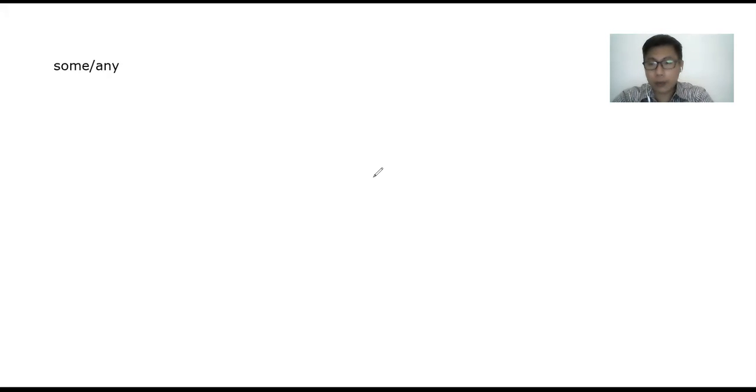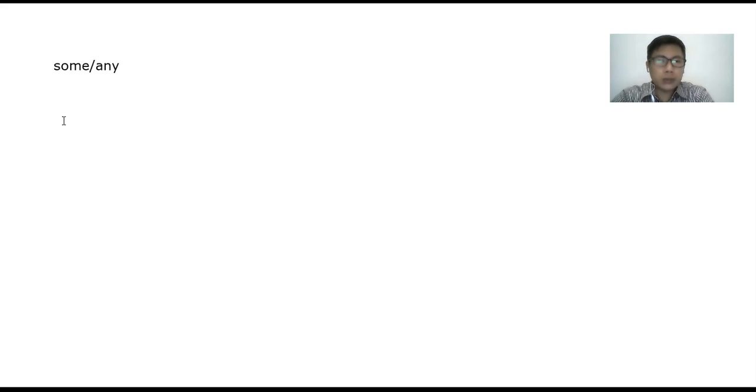Usually, if we are being asked about how much, we say that with how many things that we have. For example, how many erasers do you have? I have four. But this, they don't ask you about the number. They ask you if you have some of it or any of it.